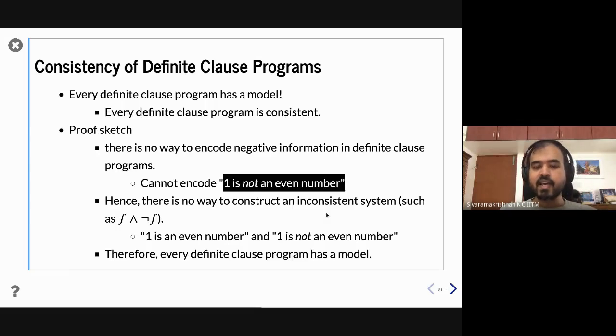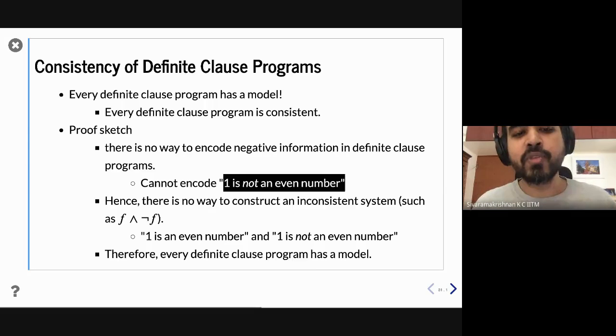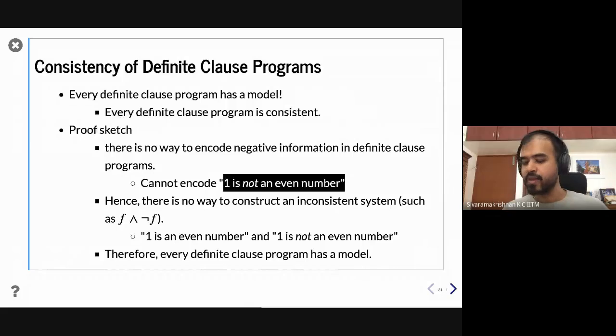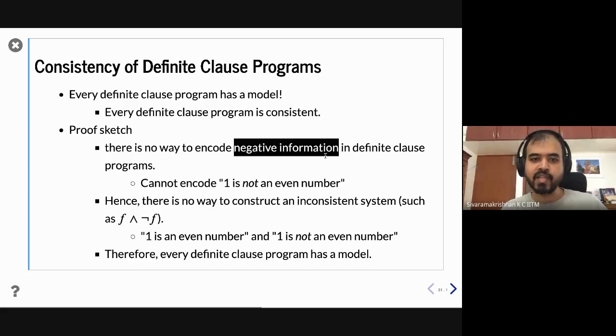I'm just going to give you this intuition. You can think of why that is not possible because of the structure of the restriction. I will leave it to you. But it's important to take away this intuition that you cannot encode negative information, because you cannot put negation at arbitrary places.